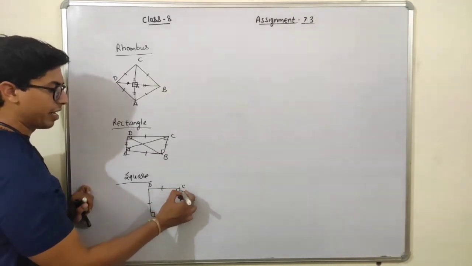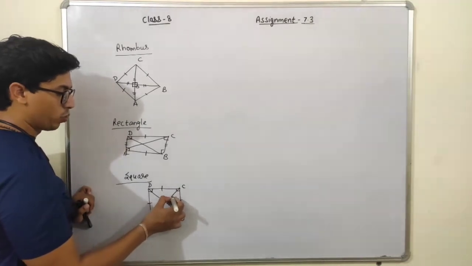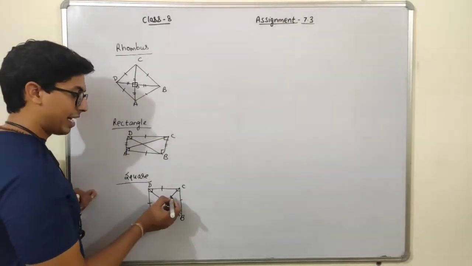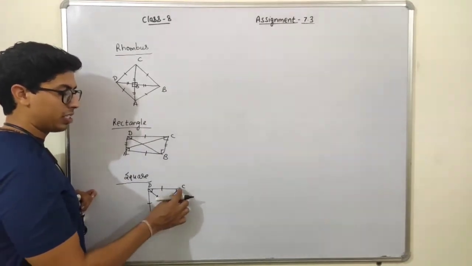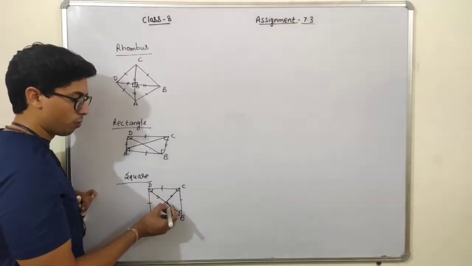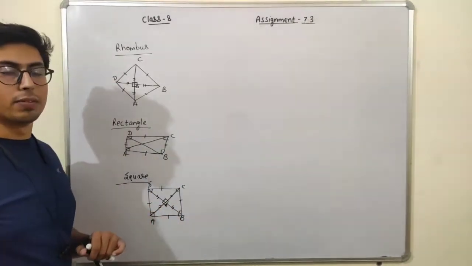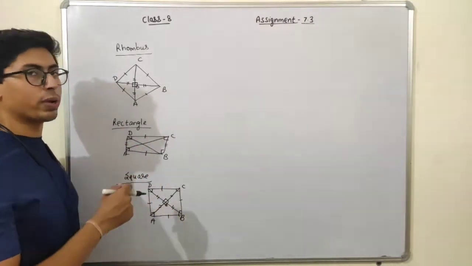Angles are of 90 degree as well. And students, diagonals bisect each other at O at 90 degree. So these OA is equal to OC and OD is equal to OB, and these angles are of 90 degree. Okay, students. So square holds all the properties and the diagonals are also equal.